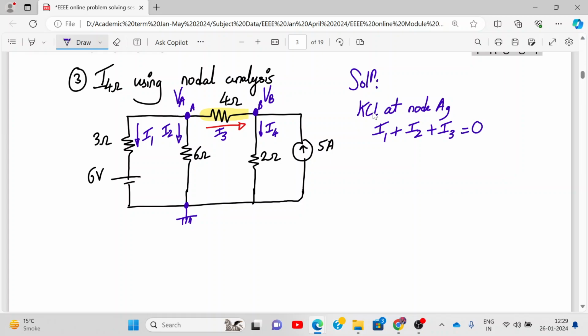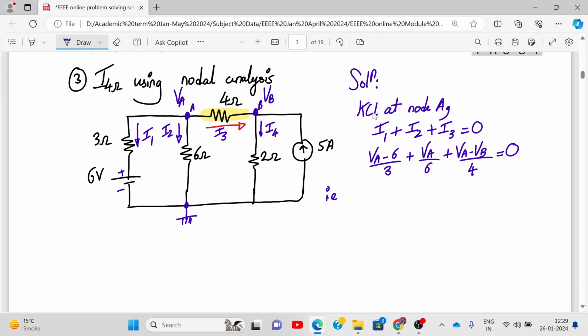VA minus 6 upon 3. So VA minus 6 upon 3 plus I2 is VA minus 0 upon 6. So VA upon 6. I3 is VA minus VB upon 4. So VA minus VB upon 4. That is equal to 0. Now we have to solve this.